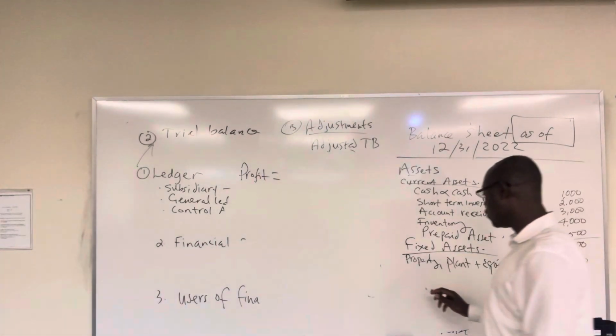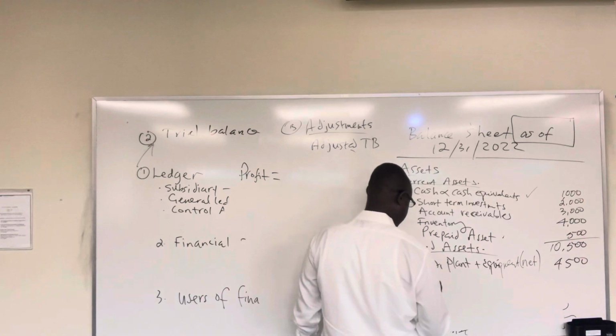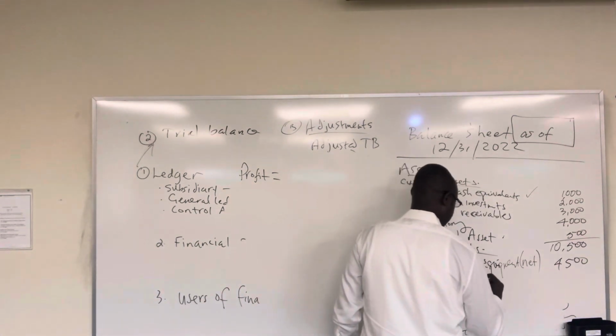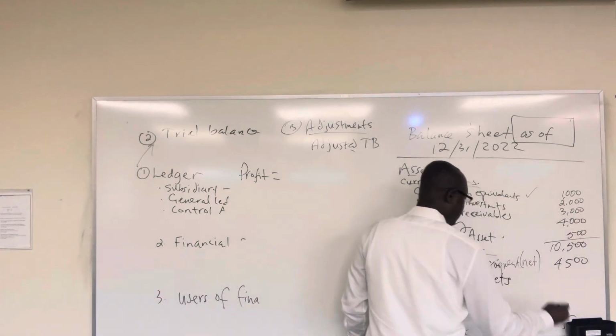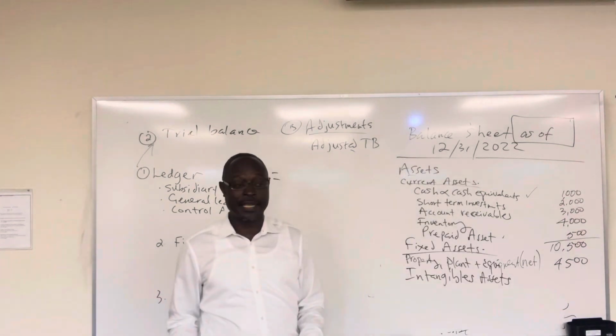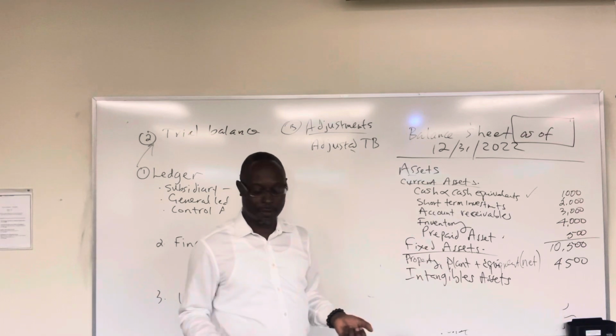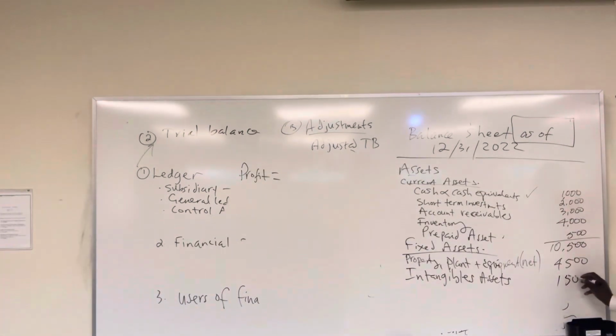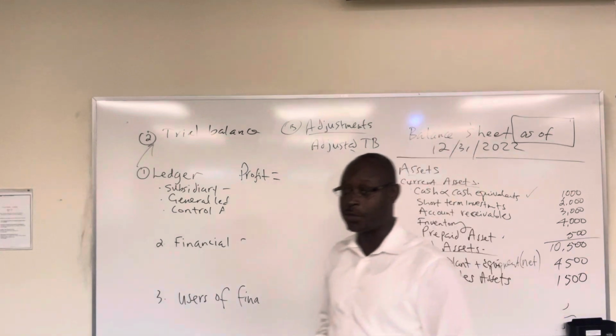And then you may have certain intangible assets. What would be examples of intangible assets? Copyrights, customer lists, and things like that. You can't see them, but they have value. Let's say that is 1,500. So your total fixed assets is going to be $6,000, right?